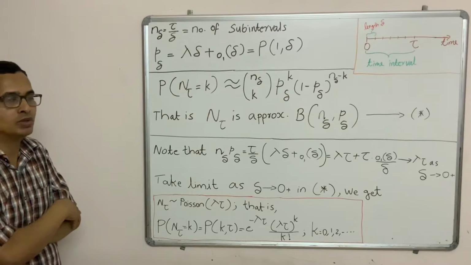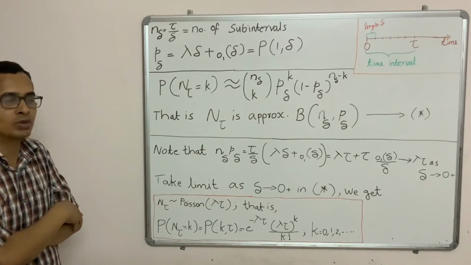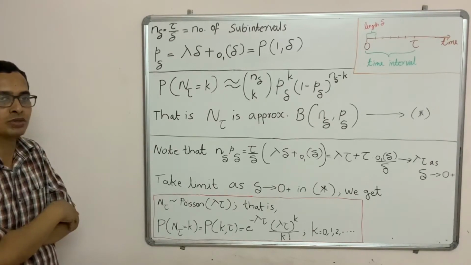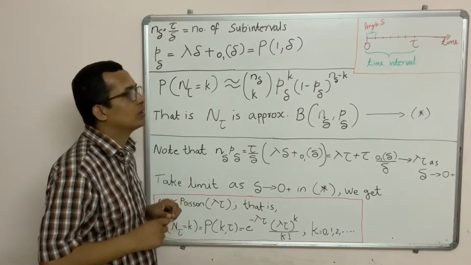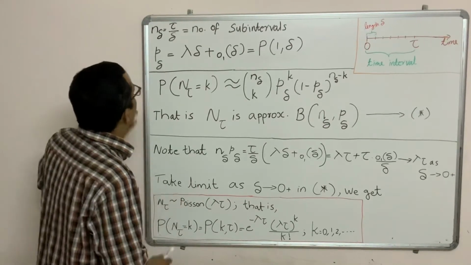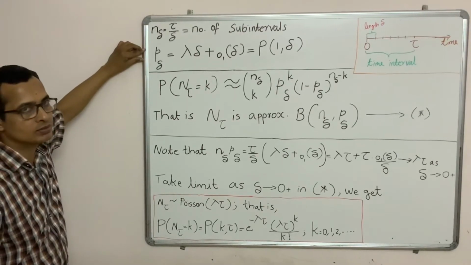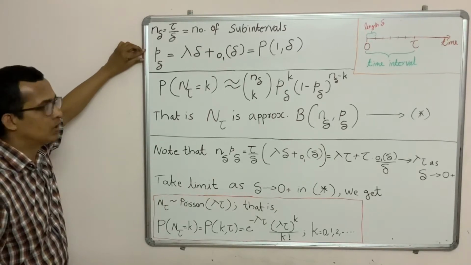I don't want to use the notation n there, because in the Bernoulli process we have used X1, X2, Xn, and I don't want to confuse you. So we will keep using delta. Small n_delta is the number of subintervals, and delta is the length of each subinterval, which is very small.